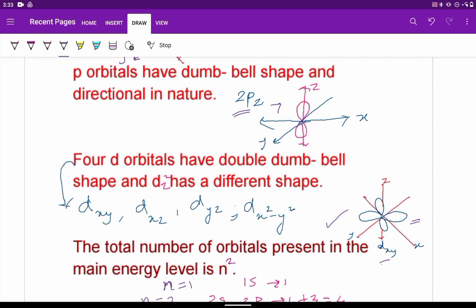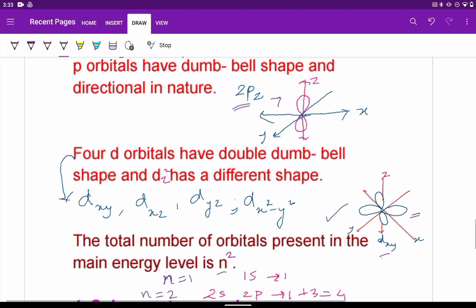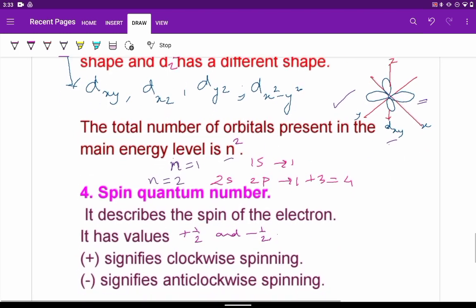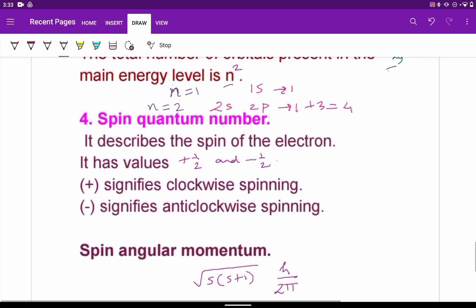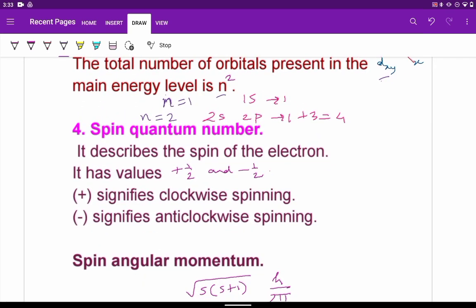The total number of orbitals present in the main energy level is given by n square. When n is equal to 1, we have the 1s orbital. One s orbital is there, so 1, and 1 square is 1.